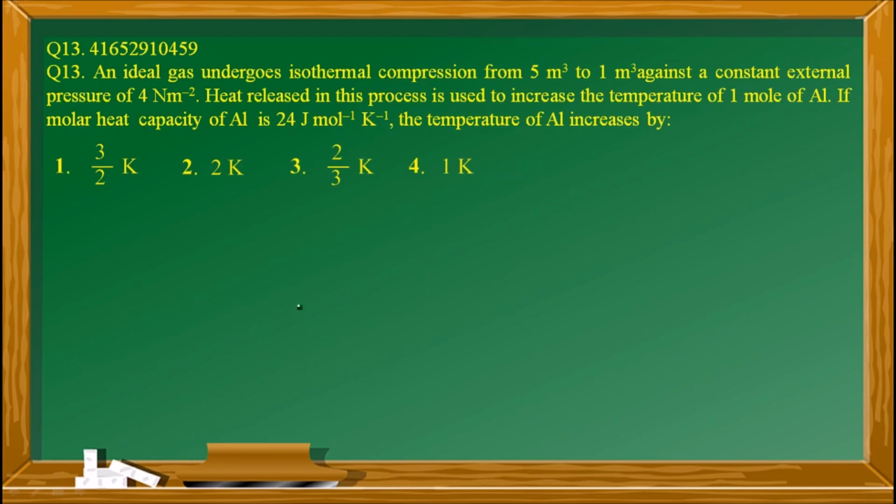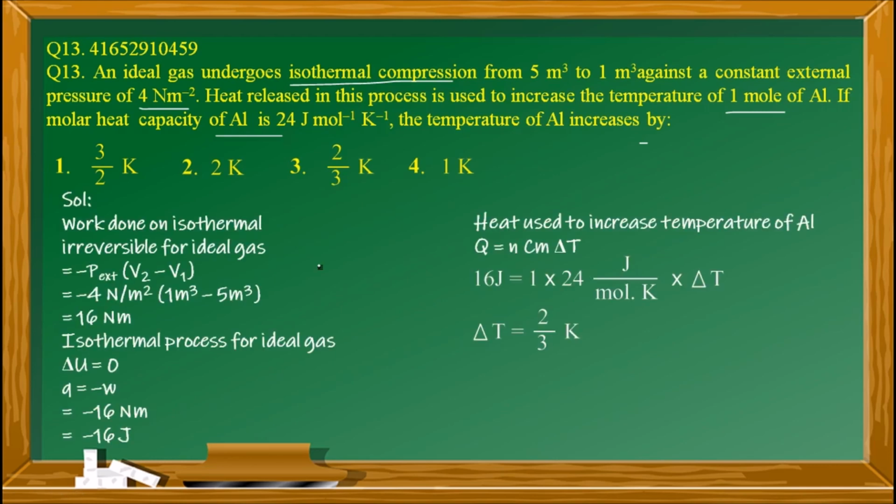Next, number 13: an ideal gas undergoes isothermal compression from 5 meter cube to 1 meter cube against a constant external pressure of 4 Newton per meter square. Heat released in this process is used to increase the temperature of 1 mole of aluminium. If the molar heat capacity of aluminium is 24 joules per mole per K, the temperature of aluminium increases by: option 1, 3 by 2 K; option 2, 2 K; option 3, 2 by 3 K; option 4, 1 K. Work done on an isothermal irreversible process for an ideal gas is minus P external times (V2 minus V1).